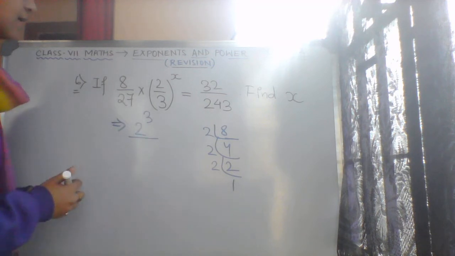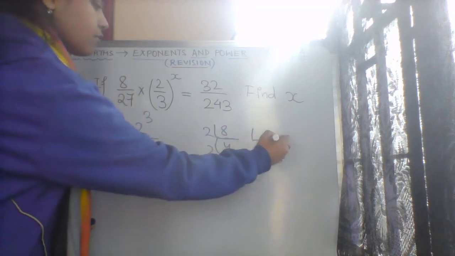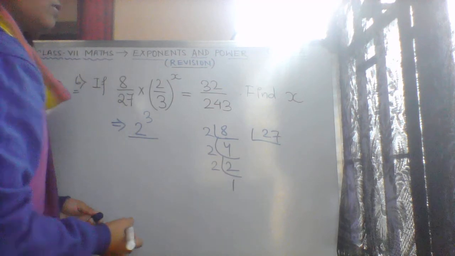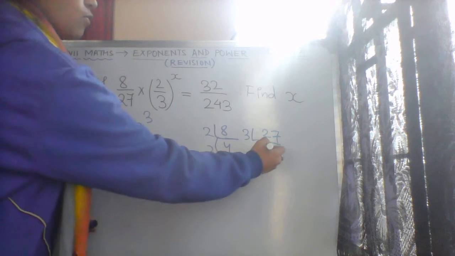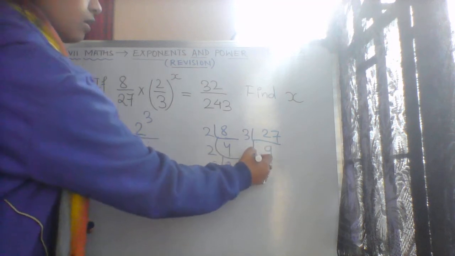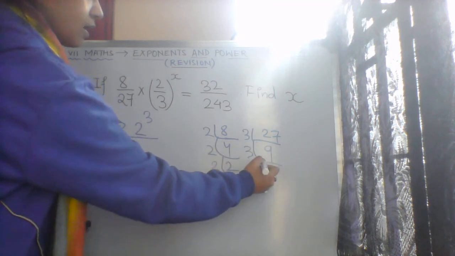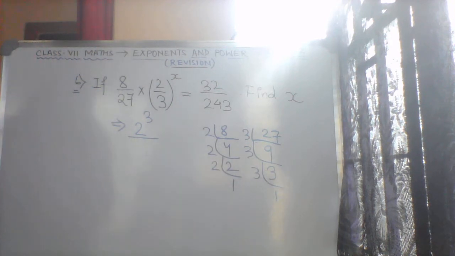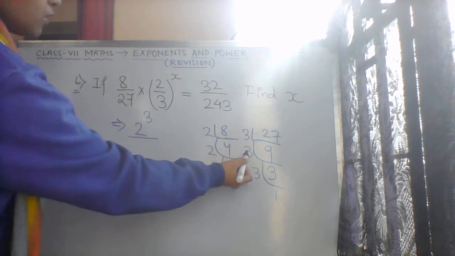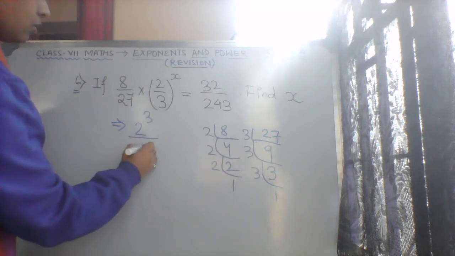Now 27: 3 nines are 27, 3 threes are 9, 3 ones are 3. So 27 can be written as 3 into 3 into 3, that is 3 to the power 3.